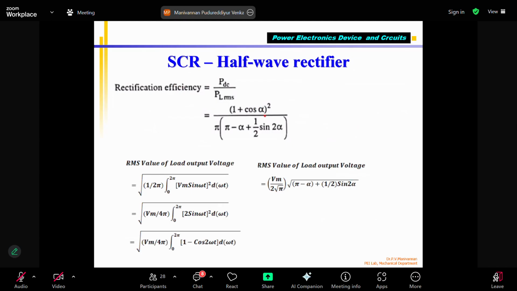So again, when we talk about rectification ratio, we also talked about it in the case of a diode. Rectification efficiency is nothing but PDC supplied divided by PL RMS, which can be computed using this formula. Note down this formula. Correct? In the exam, for a half-wave SCR rectifier, alpha is given and varied: 30 degrees, 60 degrees, 120 degrees.